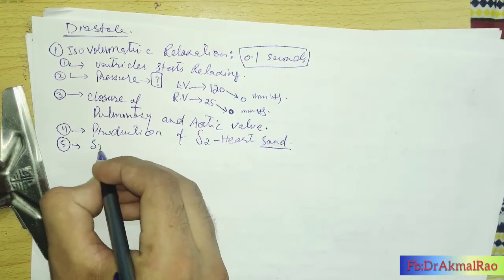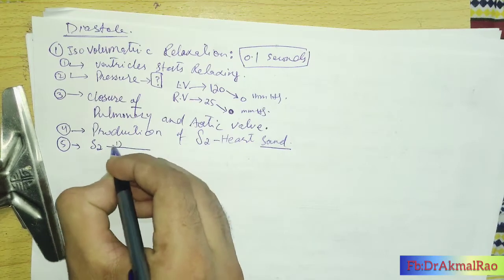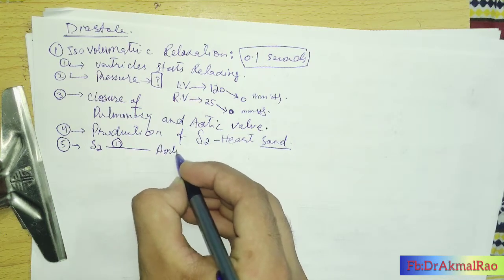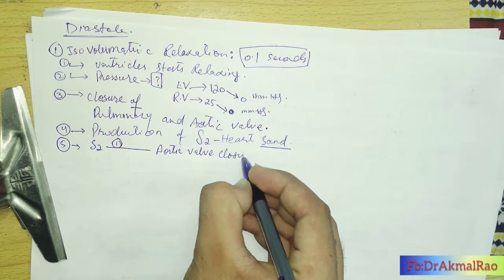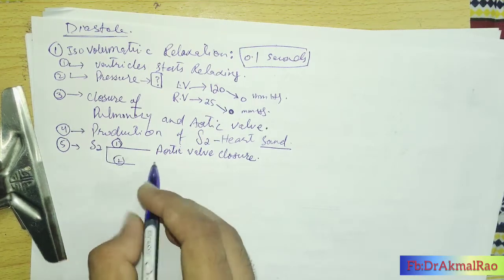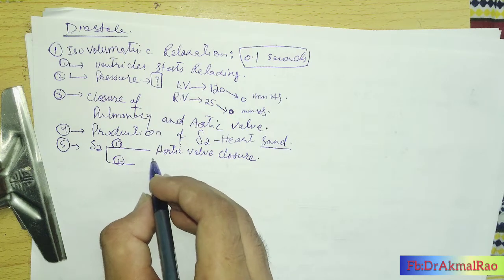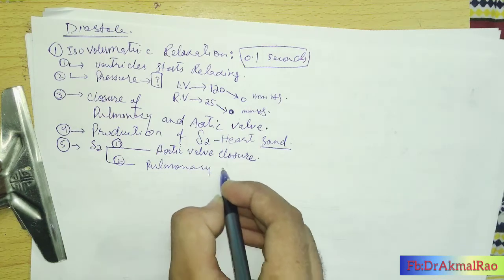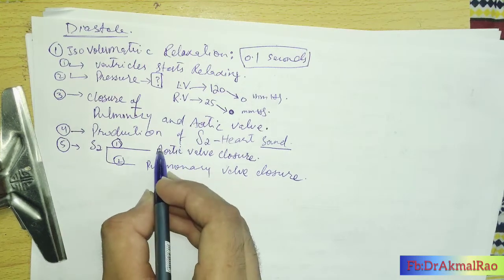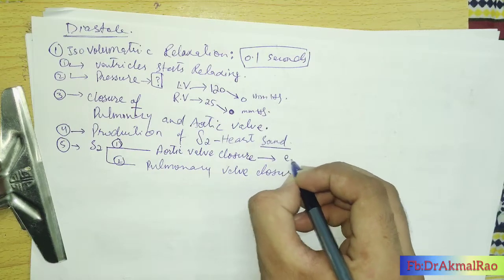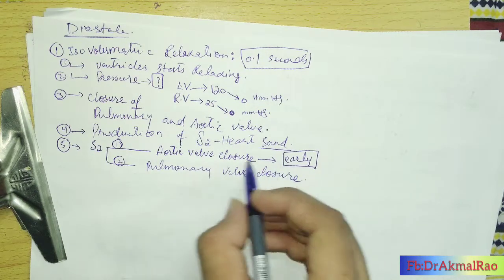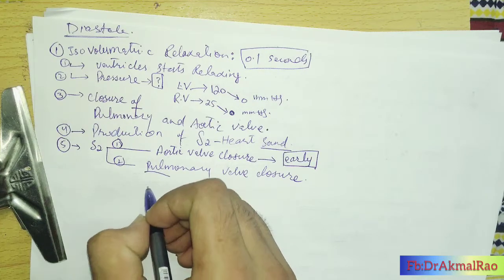That S2 has two components. The first one is aortic valve closure, and the second is pulmonary valve closure. The aortic closure will be a little bit earlier and the pulmonary will be a little bit late, so there will be splitting.